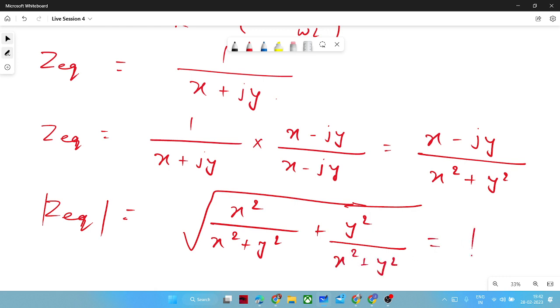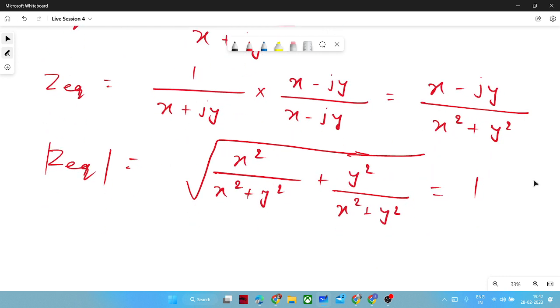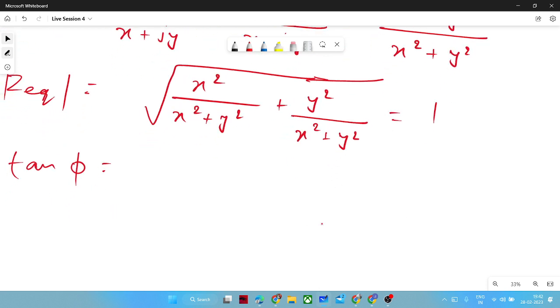So it seems one, it may differ from condition to condition. However, your angle tan phi will be the imaginary term divided by the real term. This is your imaginary term, and this is your real term. This is your triangle, and this is your phi.